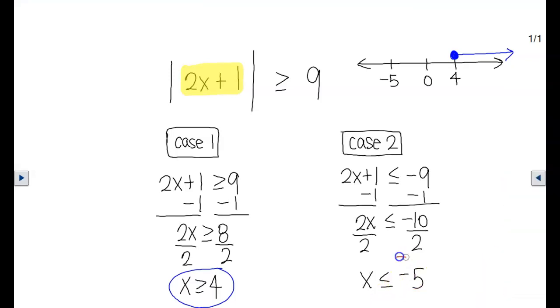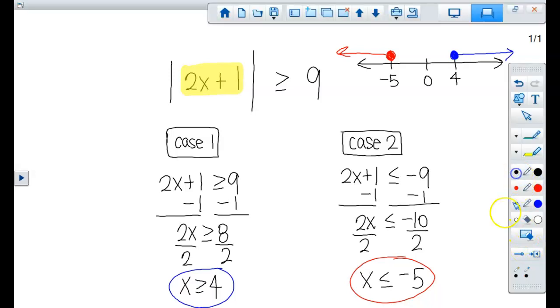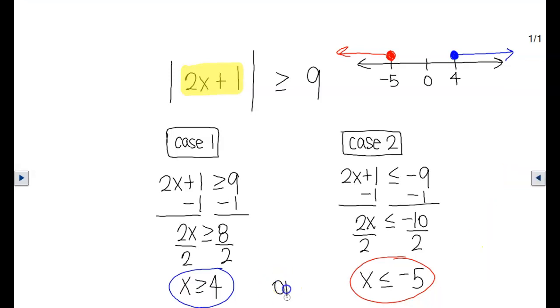For x less than or equal to a negative 5, I'm going to do that in red. That's going to require a filled-in circle on negative 5, and then I'm going to the left with that. So you'll notice this looks like airplane wings, which means that this is going to be an or.